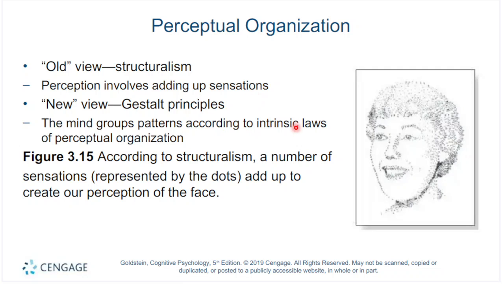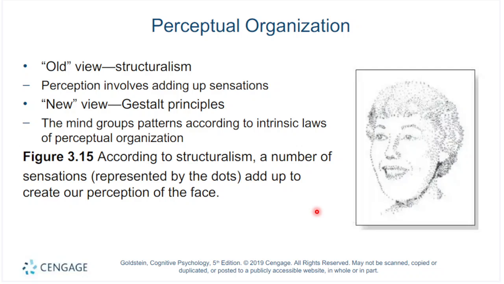And not because we added up our senses, or in this case, all the information that the eyes gathered in order to come up with this picture. It's not like that. Rather, these dots are formed according to the laws of perceptual organization, which is why we're able to see a face here.